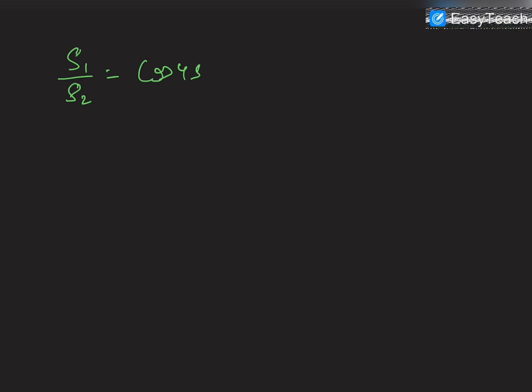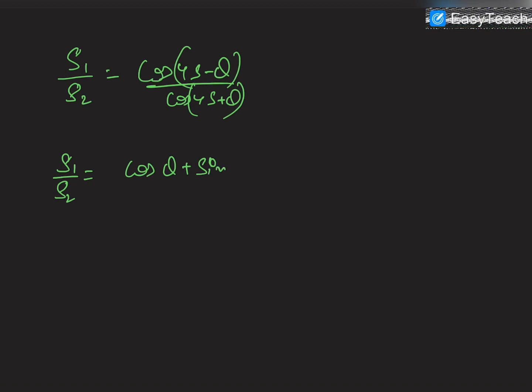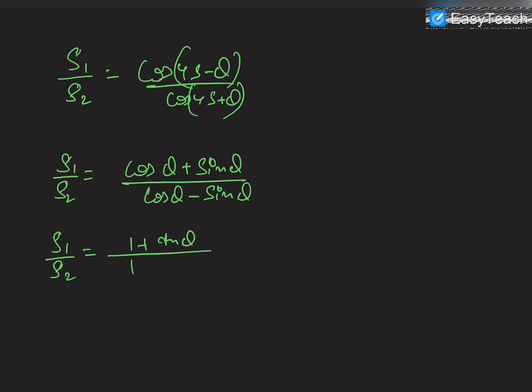Opening it with the cos(A minus B) and cos(A plus B) formulas, this would be cos theta plus sin theta divided by cos theta minus sin theta. Taking cos theta common, this will be 1 plus tan theta upon 1 minus tan theta.